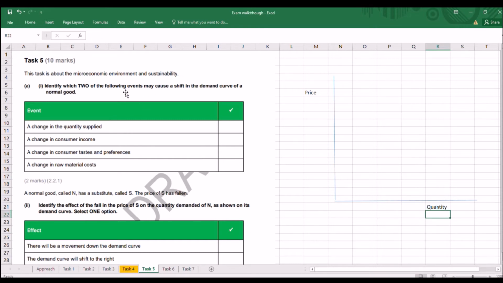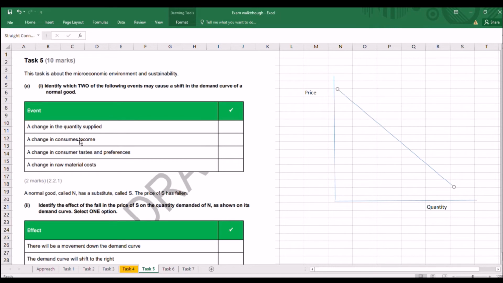Now it says it's a normal good, and so what's going to happen with a normal good is that we're going to have a downward sloping demand curve here, but if the economy increases, so income increases, it's going to shift to the right, and if income reduces, it's going to shift to the left. That's what a normal good is. The more money you have, the more you want of it. So, which of the following events may cause a shift in the demand curve of a normal good? A change in the quantity supplied. Well, that's not causing a shift in the demand curve. That's up and down the demand curve.